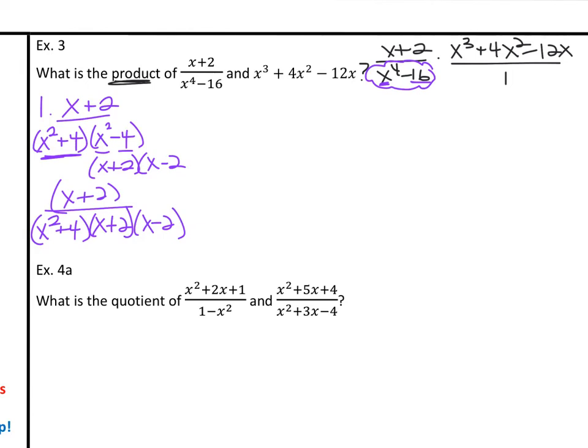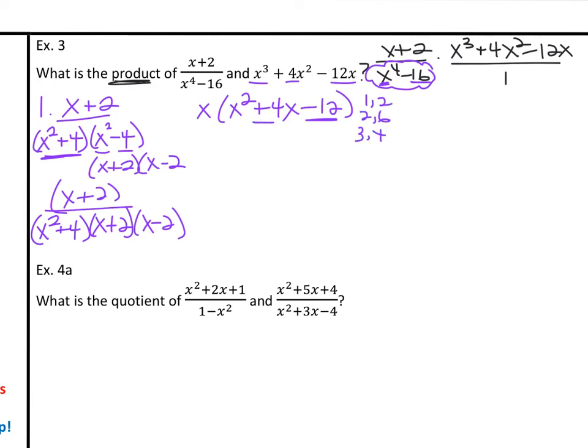In that second rational expression, notice they each have an x in common, so we could factor that out, and that would give us x squared plus 4x minus 12. All right, let's see what we've got here. We want to multiply to get negative 12, so we could do 1 and 12, 2 and 6, or 3 and 4.